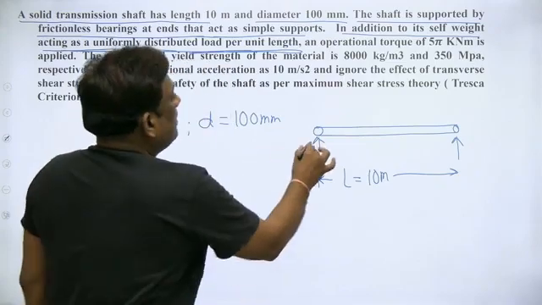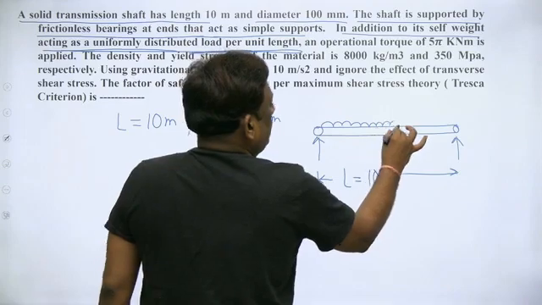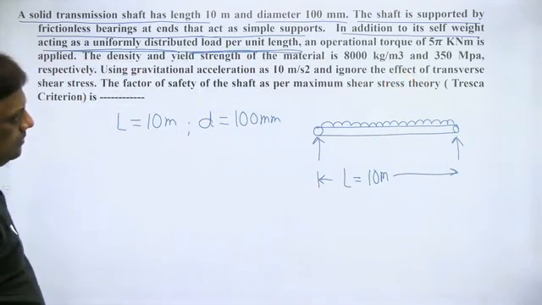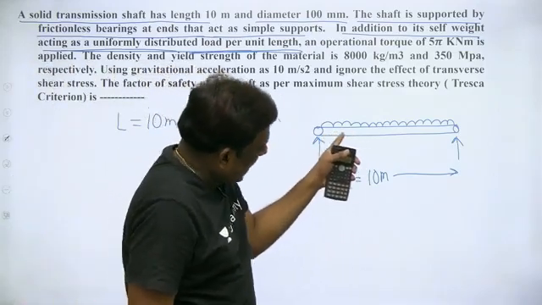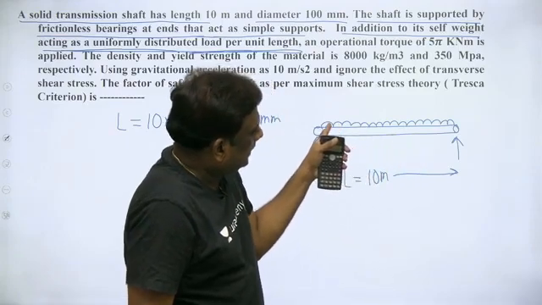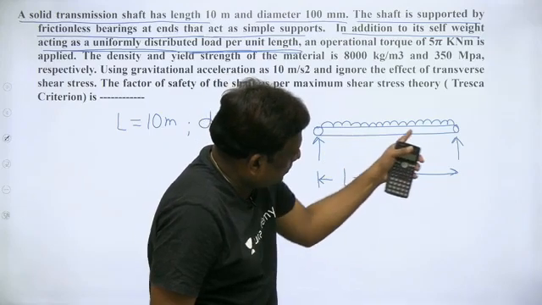And he clearly said, assume that weight as uniformly distributed throughout its length. So this is the shaft, it has its own weight spread over the length. He is asking us to treat it as that weight uniformly distributed throughout the length.